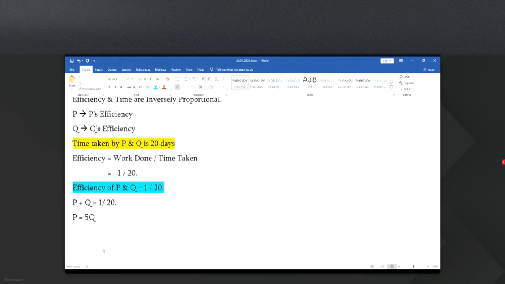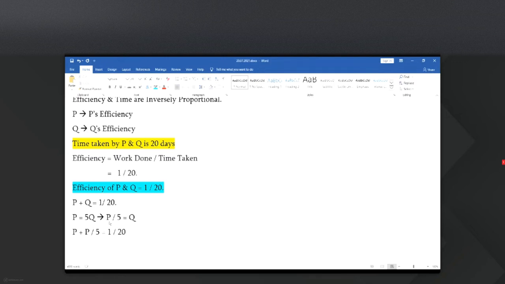This will give me P by 5 is equal to Q. So I'll write P plus Q as P plus P by 5 is equal to 1 by 20.